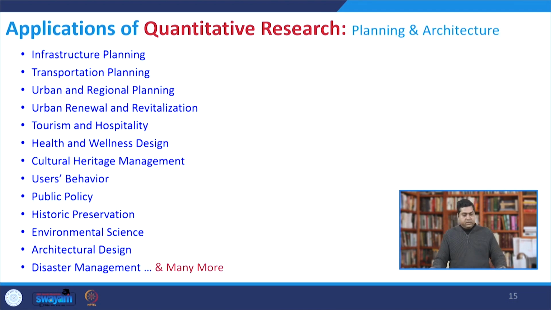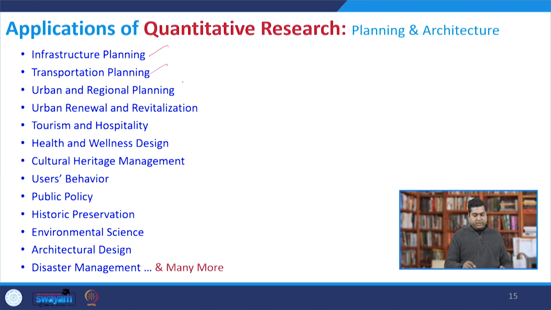Now coming towards almost the end of this presentation, the application of quantitative research in the planning and architectural domain: you can apply it anywhere. I have limited it to a few that we discussed in the past and will also be discussing through the case study.